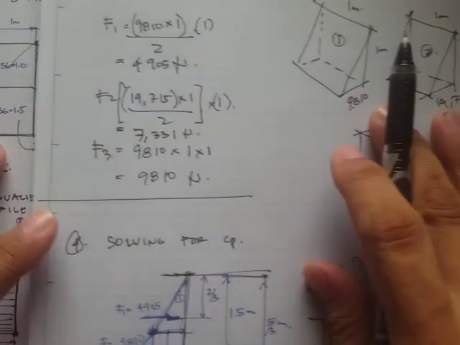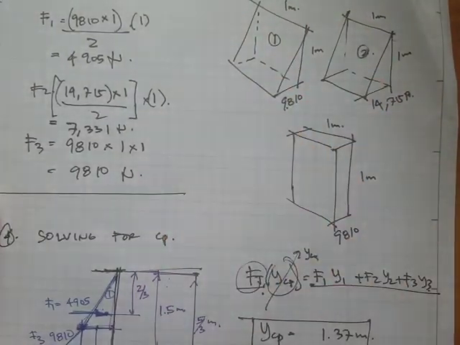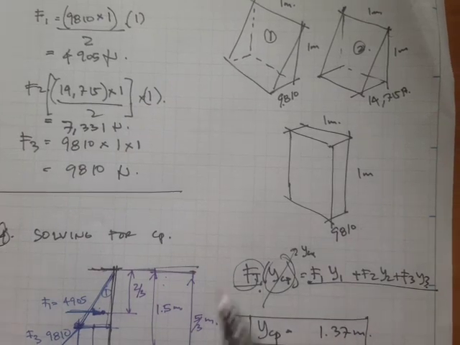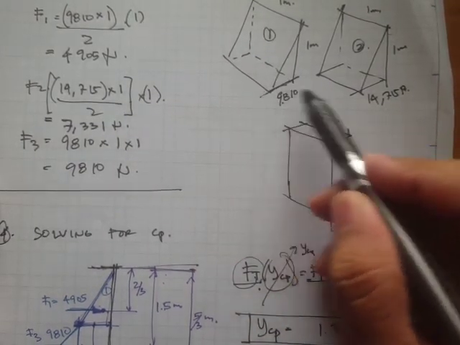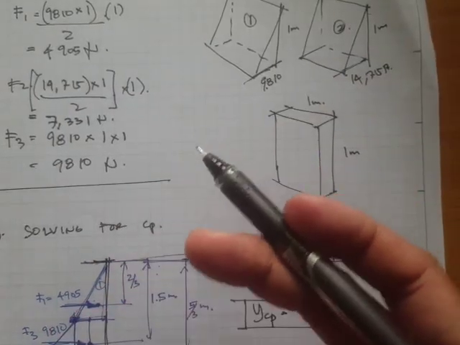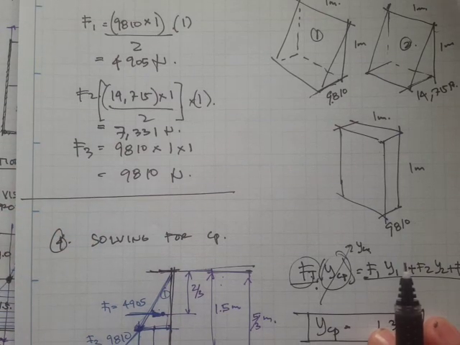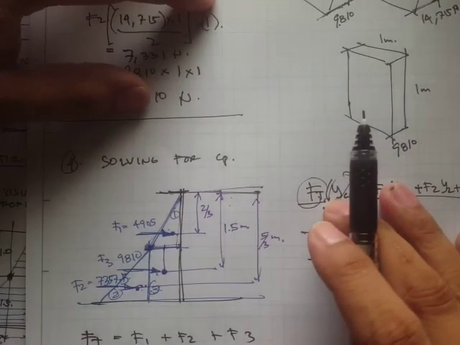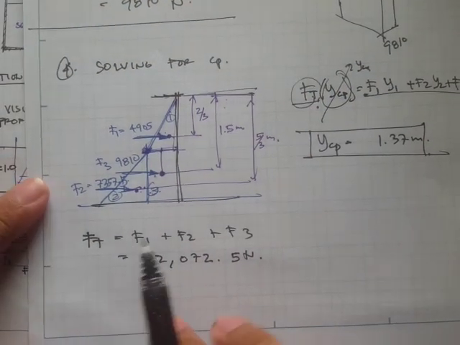The next step: since we already obtained the values of the pressures on this side, we can find the volume, and that volume corresponds to the hydrostatic force. Once we have that, we can solve for the total force.